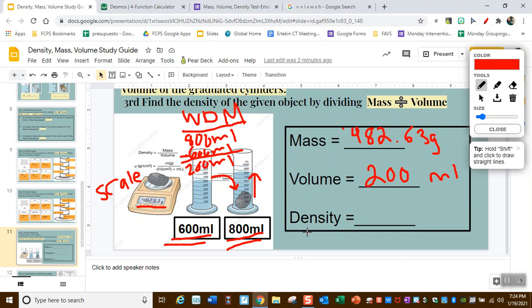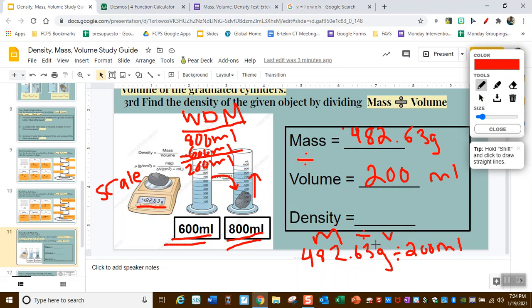All right. Density, remember, is mass divided by volume. So we're going to do this divided by this. So 482.63 grams divided by 200 milliliters.